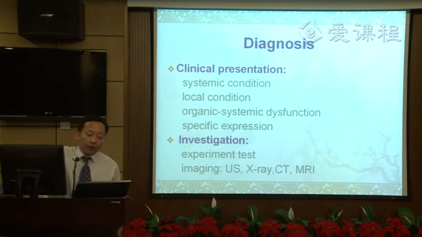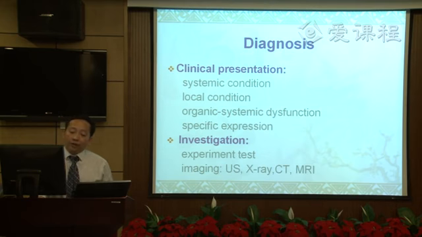And the clinical presentations include the systemic conditions, local conditions, organic systemic dysfunctions, and specific expressions. And for the investigations, maybe one is laboratory tests, for example, the blood routine test. And for the imaging, we usually use ultrasound, X-ray, CT scan, and MRI.